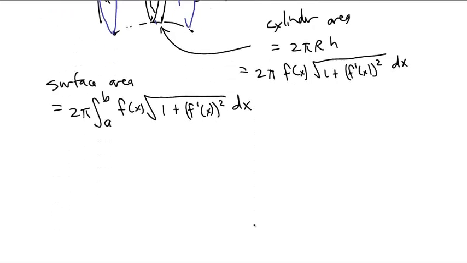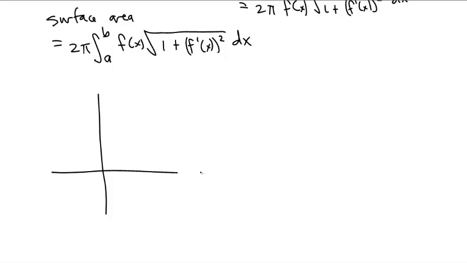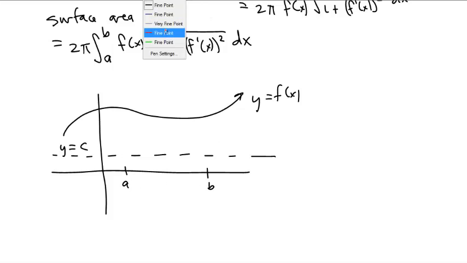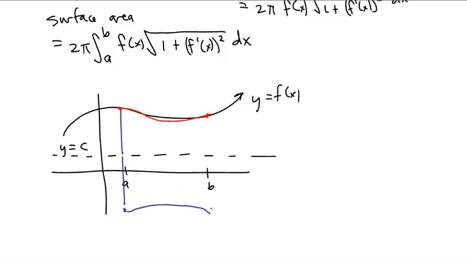And just to be obnoxious, if we wanted to take that curve y equals f of x and rotate it around some different horizontal axis, say y equals c, from a to b, then when we take a little piece at x, it's going to come this distance here, go the same distance there, and then it kind of curves in a little bit, so we get sort of this smaller cylinder that curves in the middle of the cylinder.